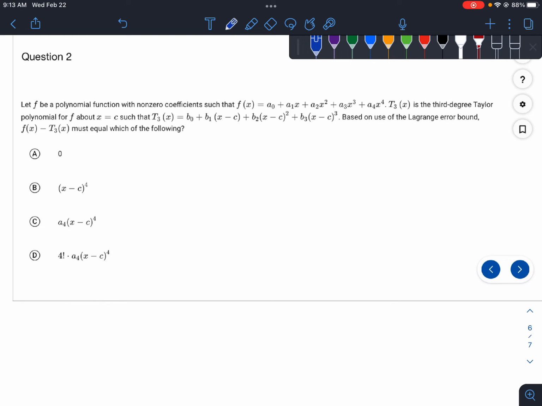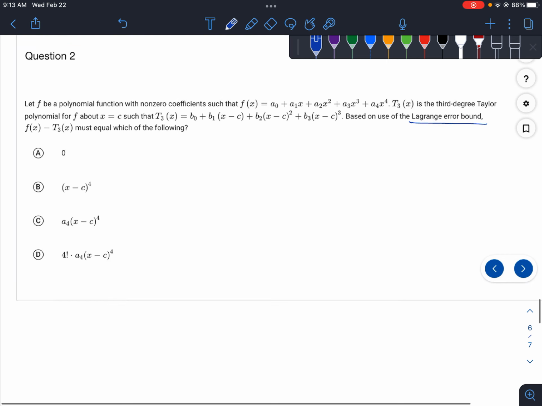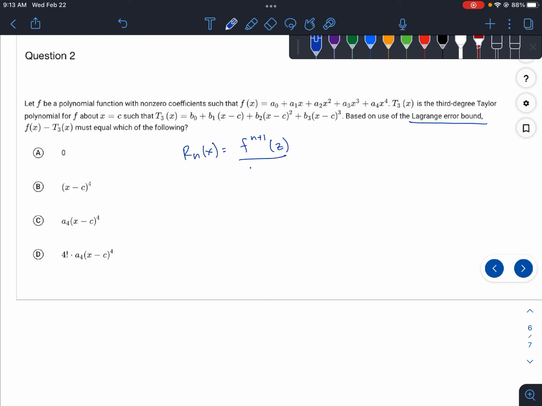The Lagrange error bound definition says that the remainder is equal to the n plus 1 derivative at z, all over n plus 1 factorial, times x minus c to the n plus 1. So that right there is what our remainder is.